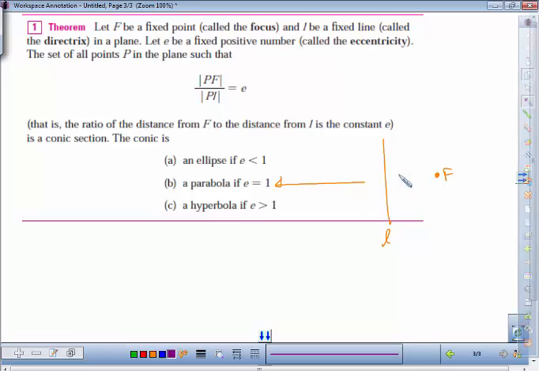And then if we pick a random point in space, and then the distance between the focus and the directrix, let's call this P, and then this is PF, the distance, and this is PL, the distance. If those two distances are the same, they're equal, then the ratio of them is equal to 1, right?